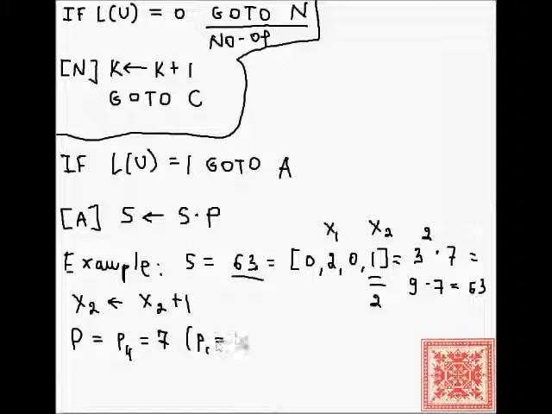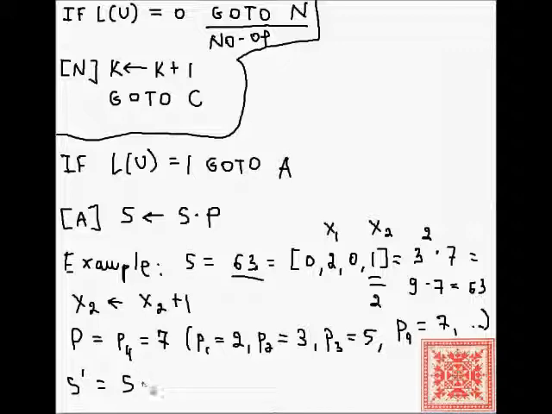Let's just review. The first prime is 2, the second is 3, the third is 5, and the fourth is 7, and so on. Computing primes, as we covered in the previous screencasts on the theory of computation, is a primitive recursive operation, so we can write an L program. The next value of the state, let's call it S prime, is S times P, which is 63 times 7.